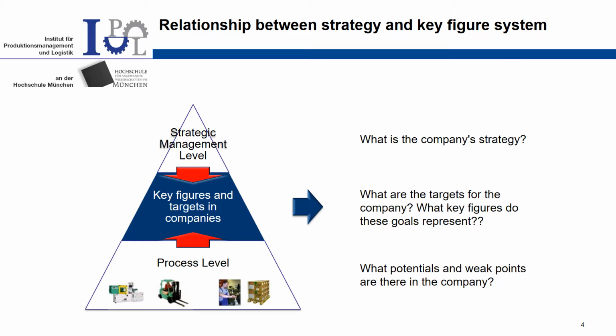Because from both sides, from above and coming up from the process line, you have to decide which key performance indicator you focus on, which is helping you to reach your target, and which is helping to motivate your employees, because they have to understand and accept that goal as the right one, and of course they have to fulfill these goals.